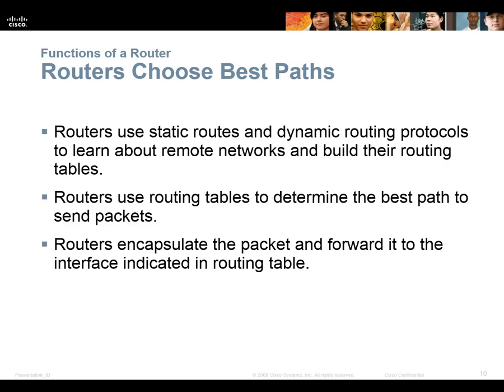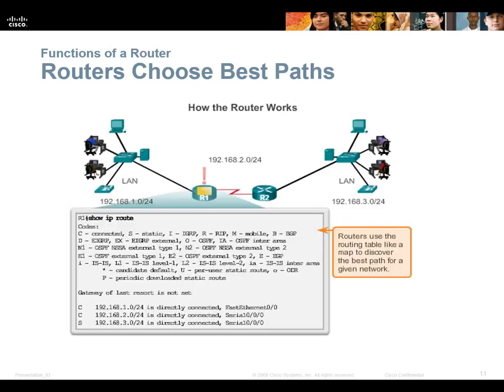So routers use static and dynamic routing protocols to learn about remote networks and build their routing tables. Routers use routing tables to determine the best path to send packets. Routers encapsulate the packet and forward it through the interface indicated in their routing tables.